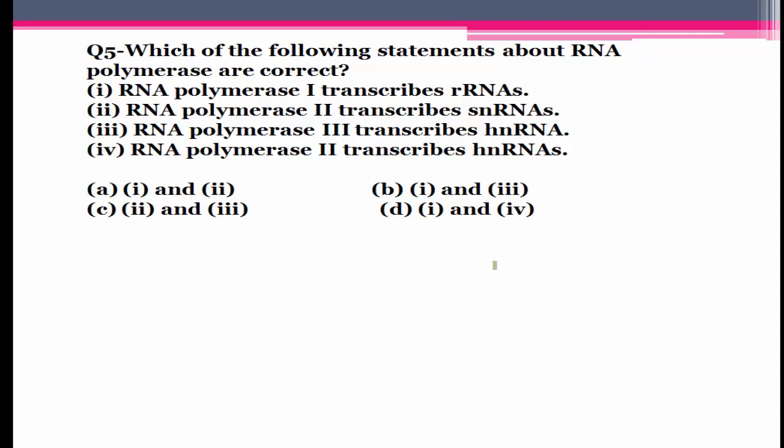Before going to the answer, let us recall what are the functions carried out by these enzymes. RNA polymerase enzyme is nothing but transcriptase. It is catalyzing the process of transcription, in which the different non-genetic RNA molecules are synthesized from the DNA.